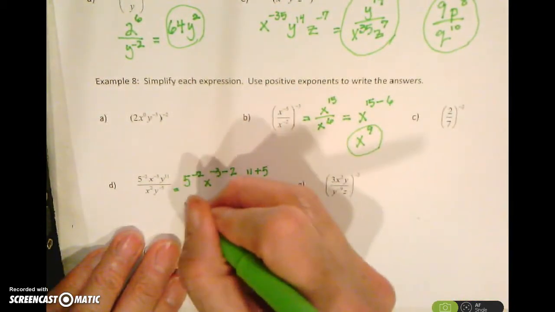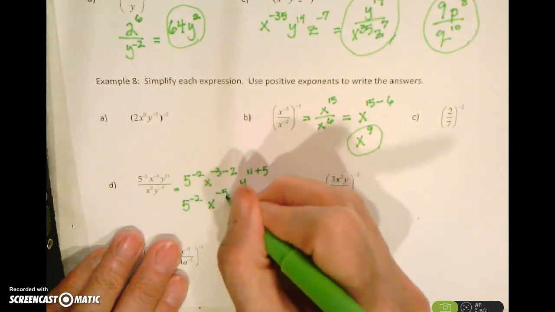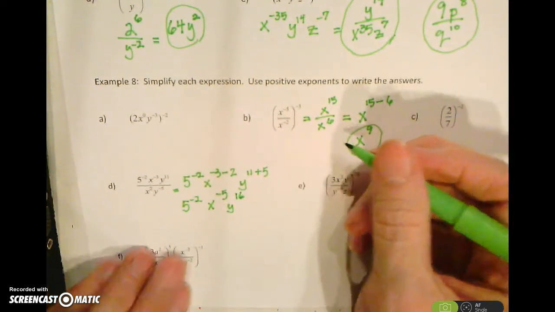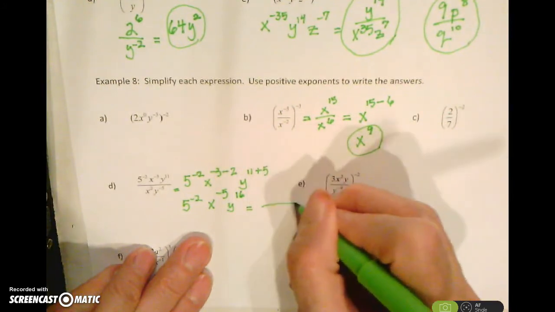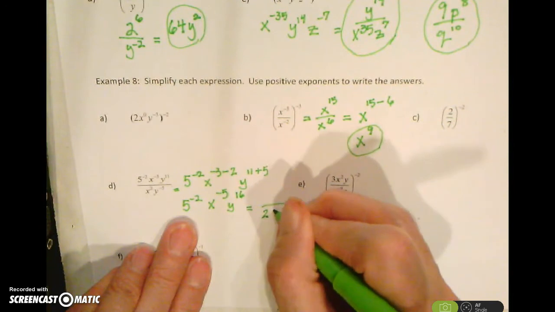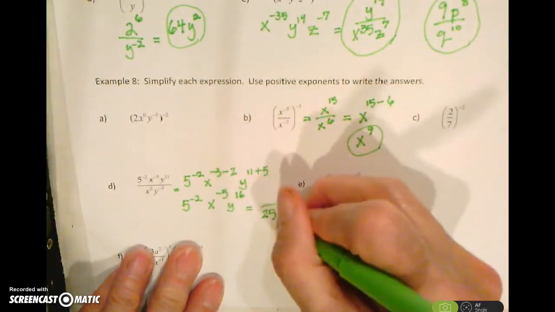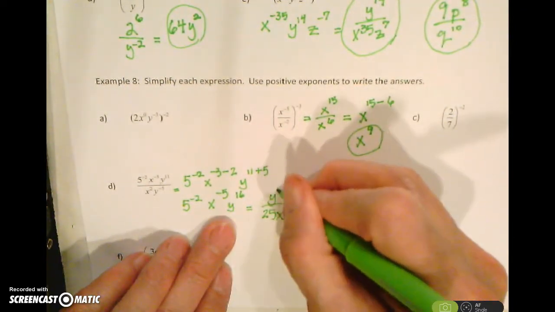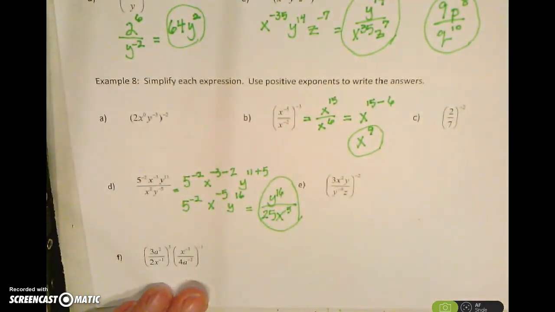So that is going to give us 5 to the negative 2, x to the negative 5, y to the 16th. Now I'm going to write this as a fraction. So 5 to the negative 2 is going to drop and be 5 squared, which is 25. X to the negative 5 is going to drop and become x to the 5th in the denominator, and then y to the 16th remains up in the numerator.